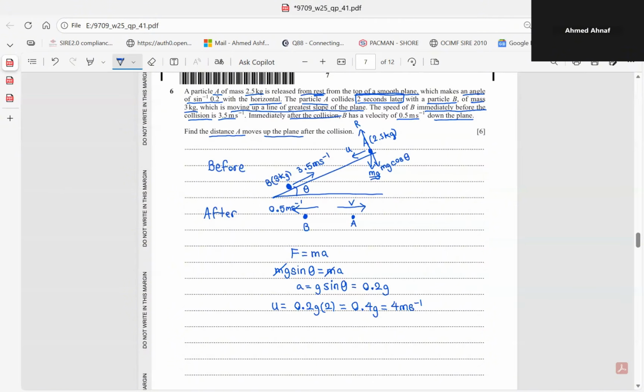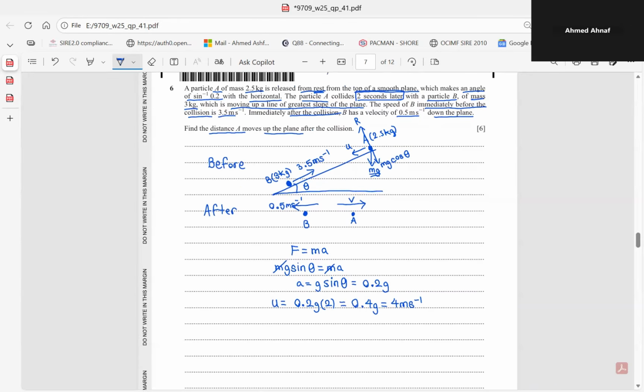Here it's a bit complicated since the particles are not moving in one direction. One time they're going towards each other and then they're moving away. So we have to decide which direction is positive, which direction is negative. So I'm going to choose down the slope as positive and up the slope as negative.